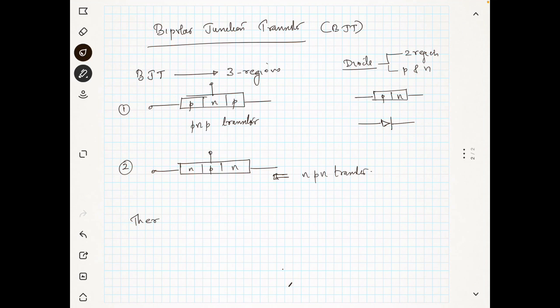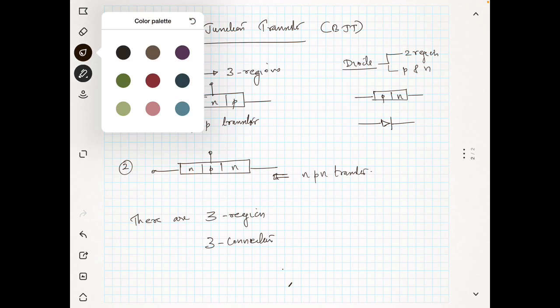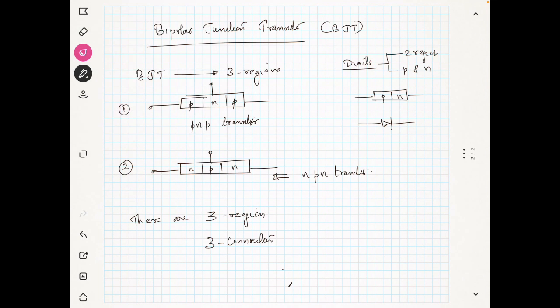So there are three regions and three connections for this device. And how many junctions are there? Can you tell me? In a PN junction diode you have a junction here. Similarly, you have a junction here and a junction here. So there are two junctions.